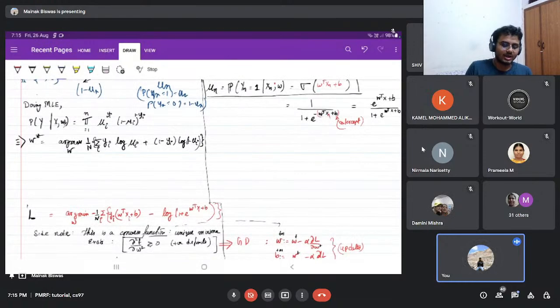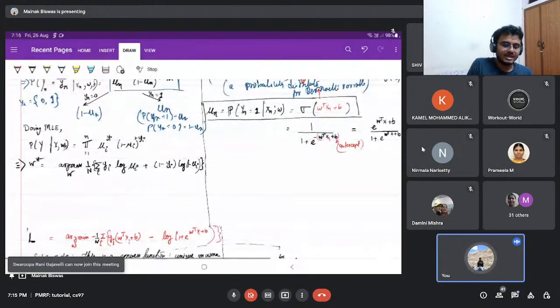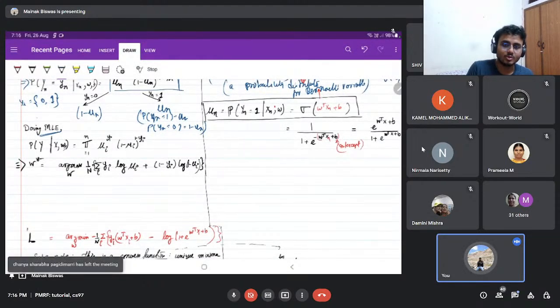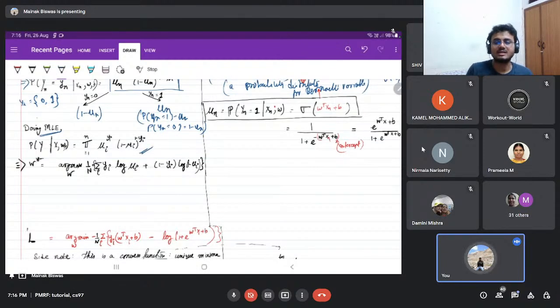Or else what we can do is MLE, maximum likelihood estimation, that we did last time. So you must remember that given xn, you were trying to predict each yn independently. Last class we had done MLE thoroughly, assuming IID.